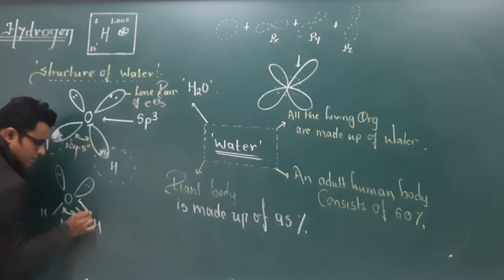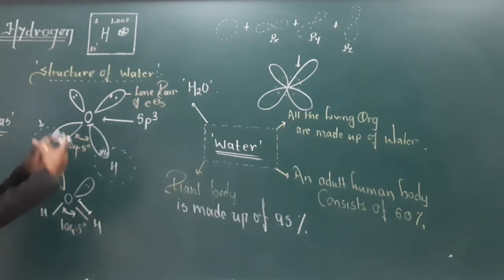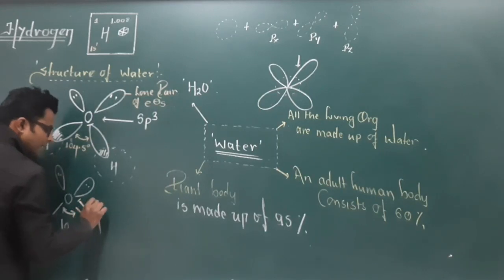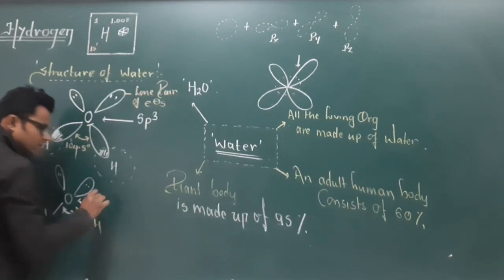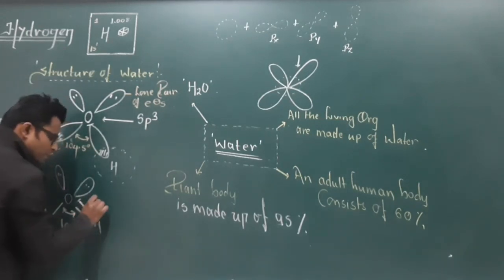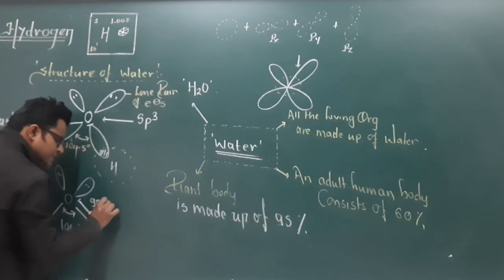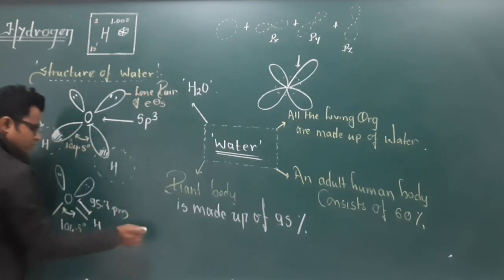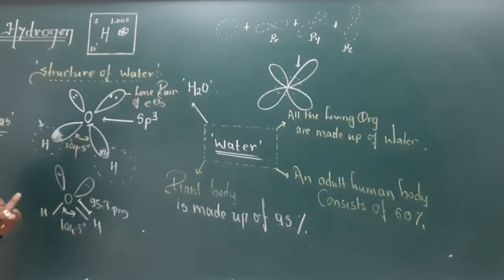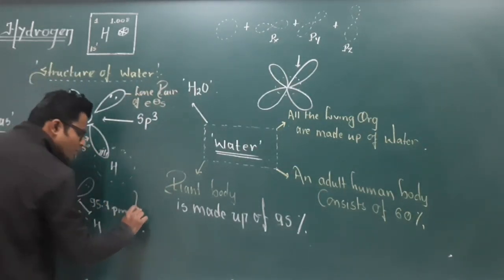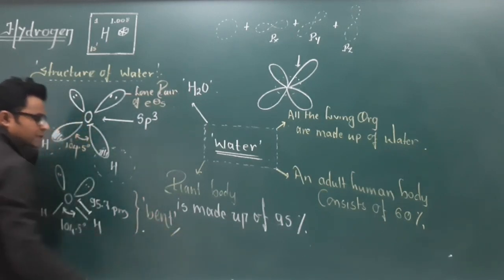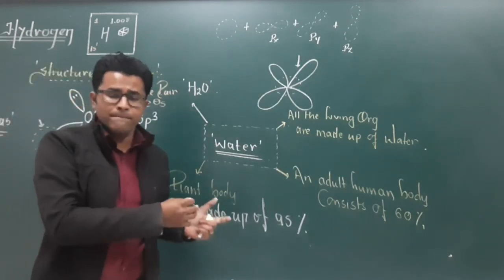The length between the oxygen and hydrogen is going to be 95.7 picometers. And the entire shape, this is important, the shape of this water molecule is going to be a bent shape.